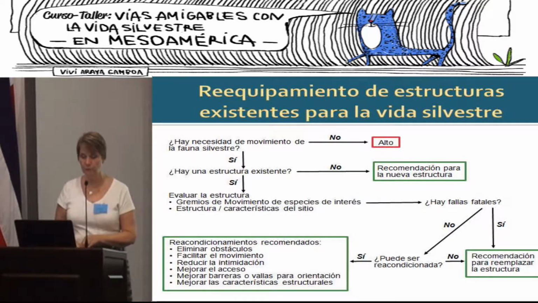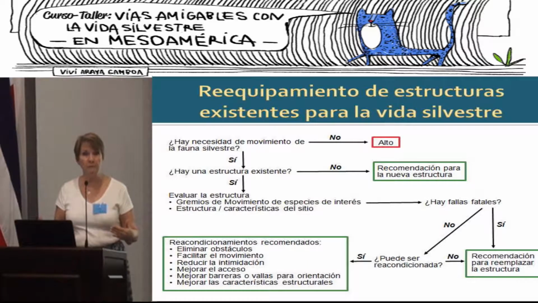Next is to either put in diversion barriers or keep animals off the road with fencing. We'll talk about fencing a little bit at the end of this hour also. But that is one of the tools you can use that is quite useful and relatively simple, because if you have a structure that's not being used, it may be that you just need to funnel animals in there, and fencing can do that.